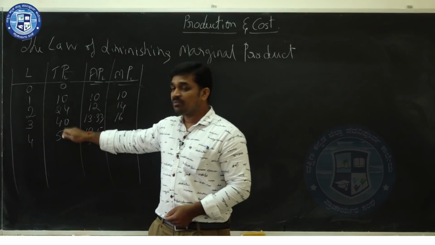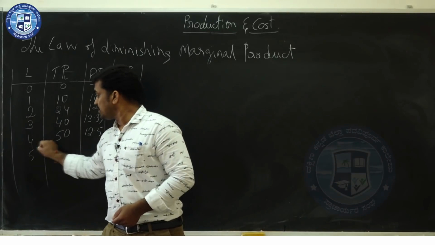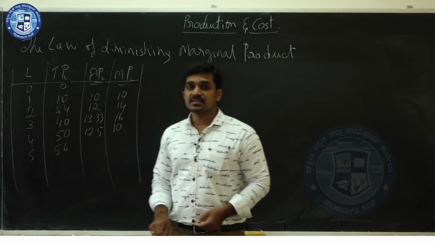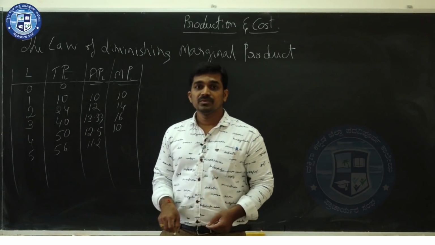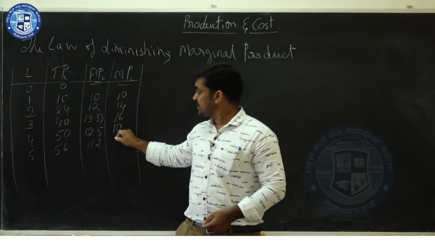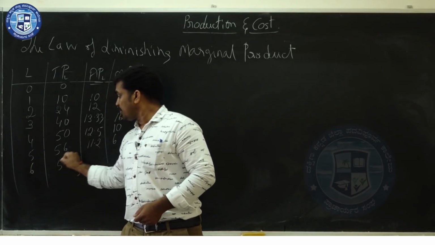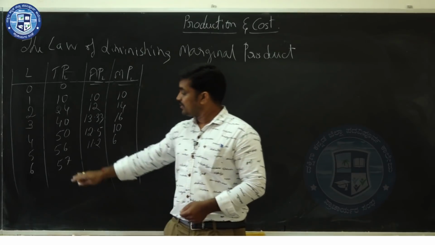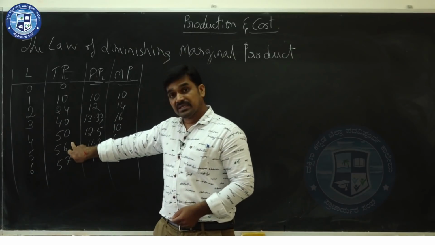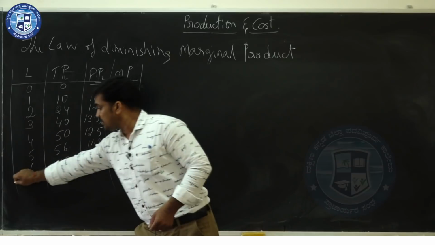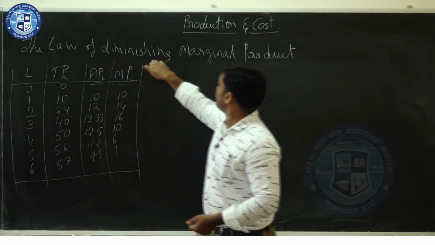Then marginal product 50 minus 40 is 10. Then 5 units of labor, total product increases to 56. Now average product is 11.2 and the marginal product is 56 minus 50, 6. The 6 units of labor, total product increases to 57. 57 divided by 6, 9.5. 57 minus 56, 1. This table relates to our concept, the law of diminishing marginal product.